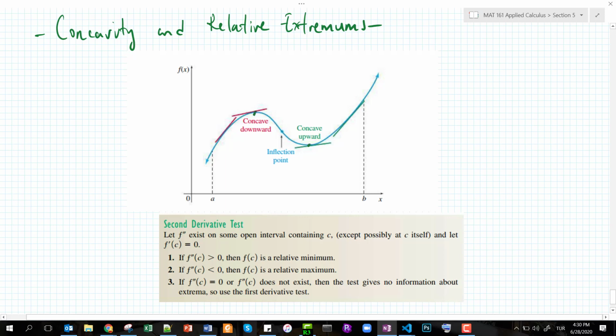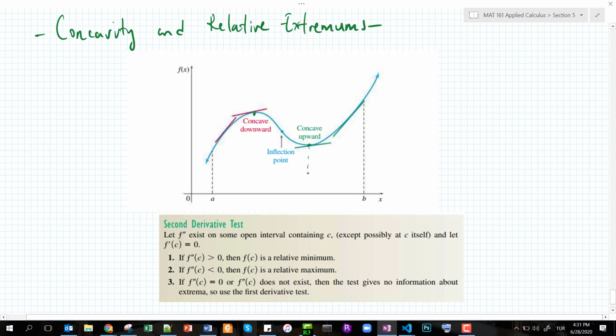So as this graph suggests, we can definitely create a relationship between the second derivative as well as the extremum points. As you see, if I have the concave downward, I had the maximum point, and I had the minimum point when I had the concave upward type of graph.